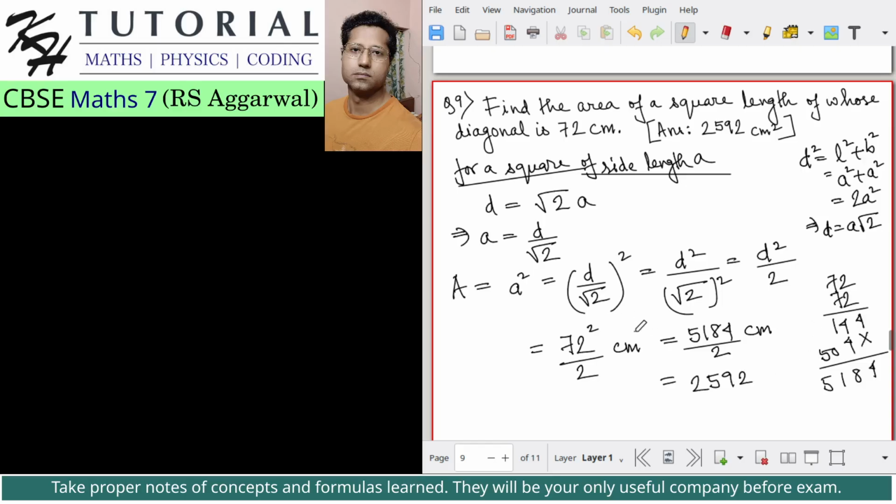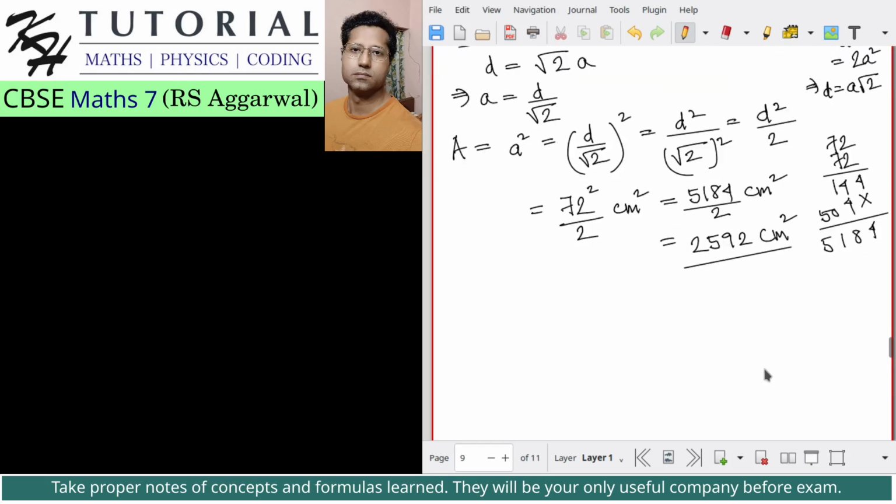Sorry, this will be centimeter square because we are finding the area. The unit of area will be centimeter square, because the diagonal is given in centimeter, which means that the side length of the square will also be in centimeter. So this is 2592 centimeter square.